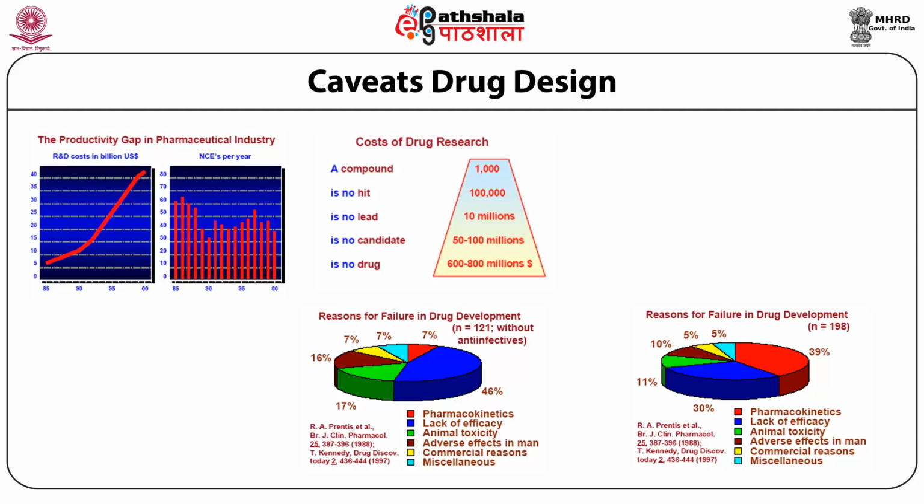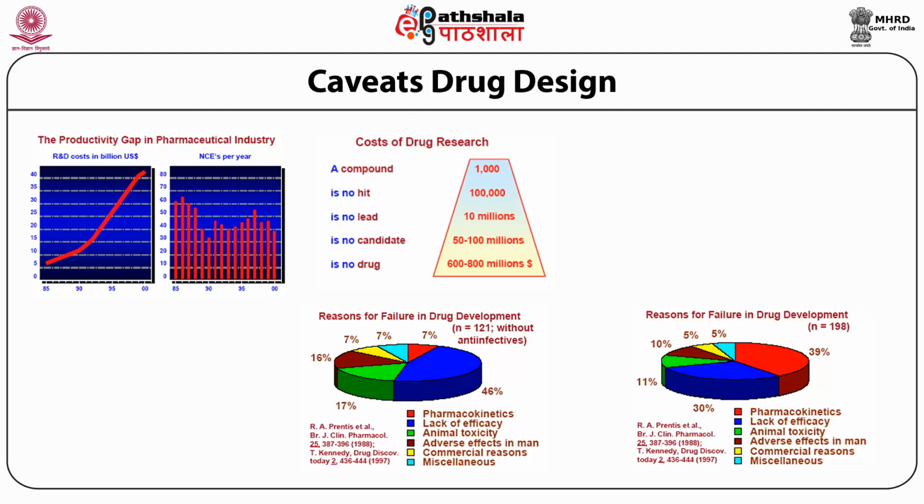If you look, the major failure is lack of efficacy, shown in dark blue, and to a certain extent animal toxicity, shown in green. One should pay very strong attention to these reasons. Efficacy and animal toxicity should be taken care of in the earliest possible way.